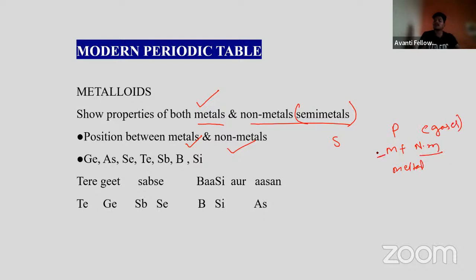Metals are there, like aluminum, but still for your purpose of remembering, here is the trick to remember the metalloids: a Hindi line meaning the song you are singing is very good and easy. So you can remember: tellurium, germanium, antimony, selenium, bismuth, silicon, and arsenic.